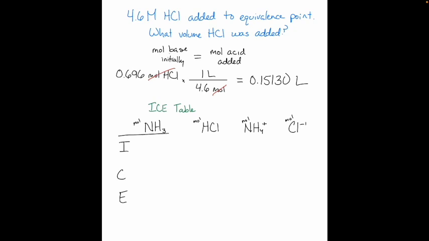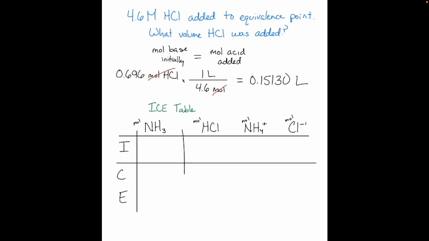All right, and since we're at the equivalence point, these two boxes, my initial number of moles of HCl and my initial number of moles of my acid, of my NH3, these are going to be the same number. That's what it means to be at the equivalence point, is you have the same number of moles of acid as you do base.